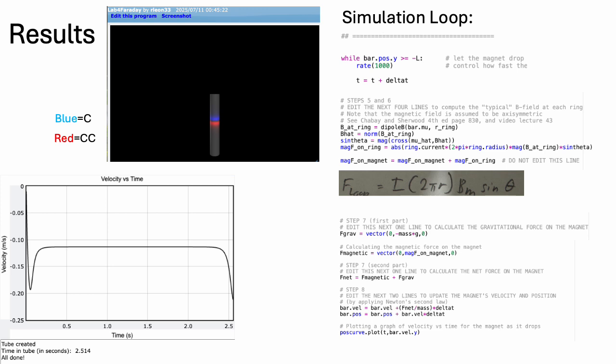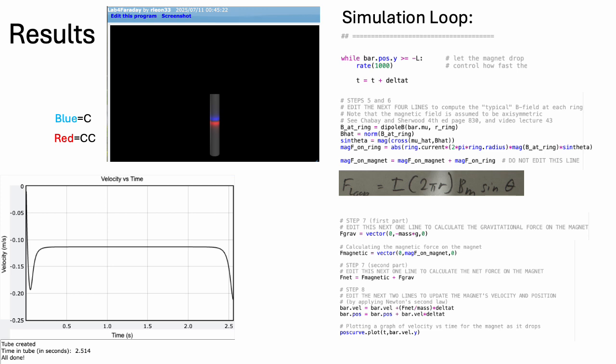So here, the F loop, or the force on the loop, is derived from the magnetic force, and using the off-axis dipole magnetic field gives us the current times 2 pi r times the magnetic field times sine theta. And then to get the F net, we know that the 2 forces are going to be the magnetic force and the gravitational force, so add these together with gravity in the negative y direction should give us F net.